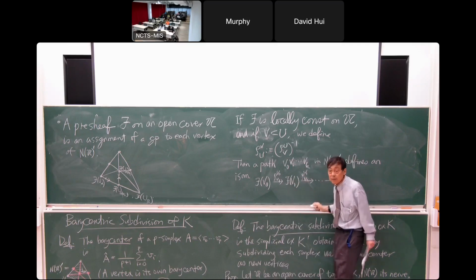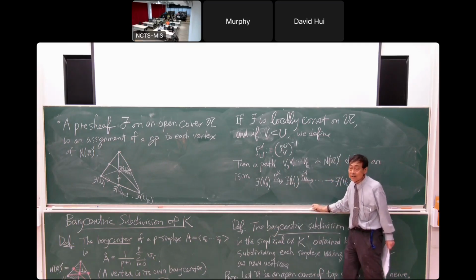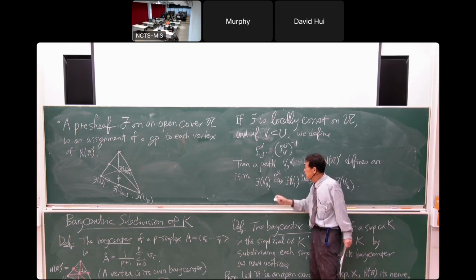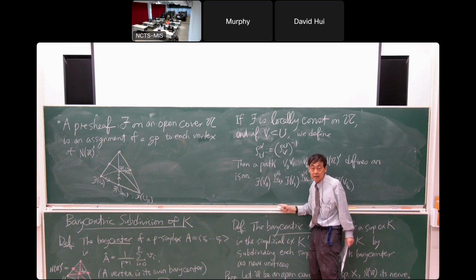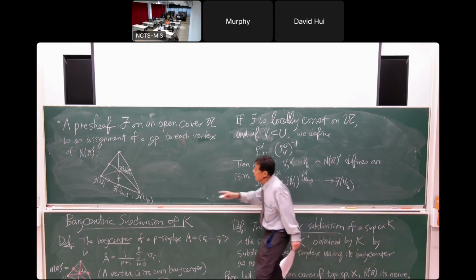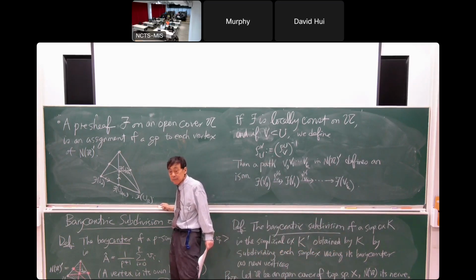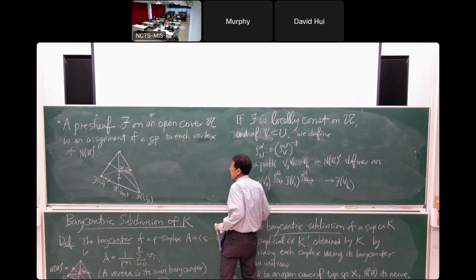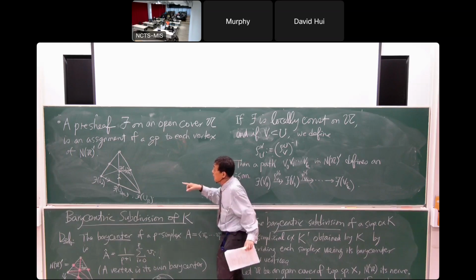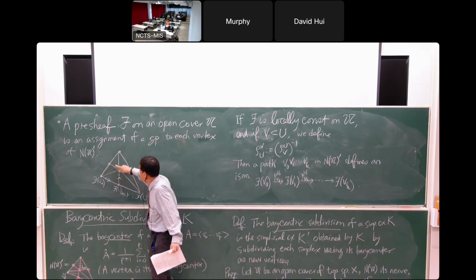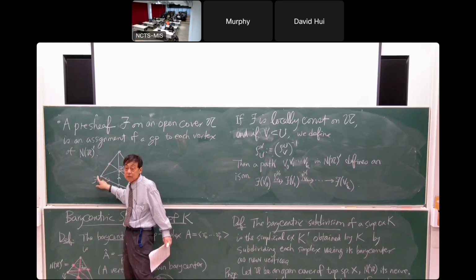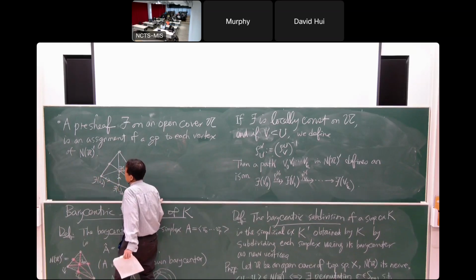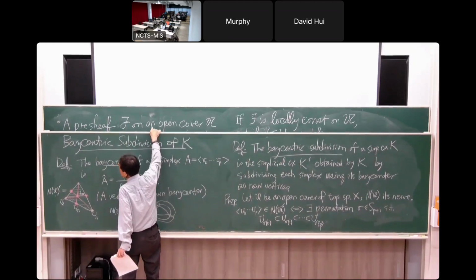And these are all isomorphisms. It doesn't matter whether V1 is a subset of V0 or not. So any path will define an isomorphism. And then a loop will go back to itself, so a loop will define an automorphism.